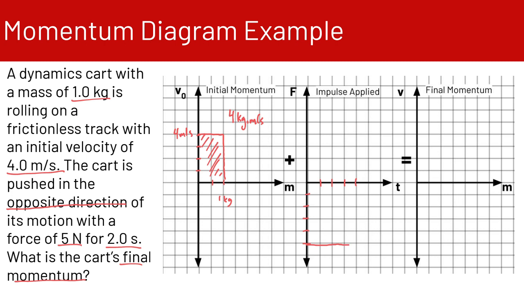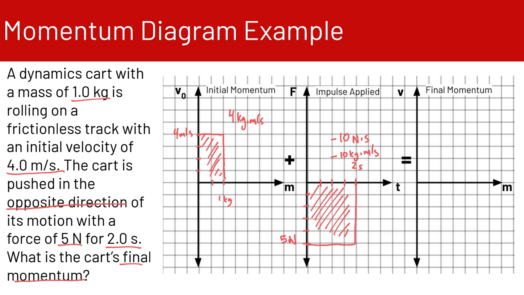Okay, so we go over 2 seconds, and down 5 newtons. Okay, so that's 10 newton seconds, or minus 10 newton seconds, which is equal to minus 10 kilogram meters per second.